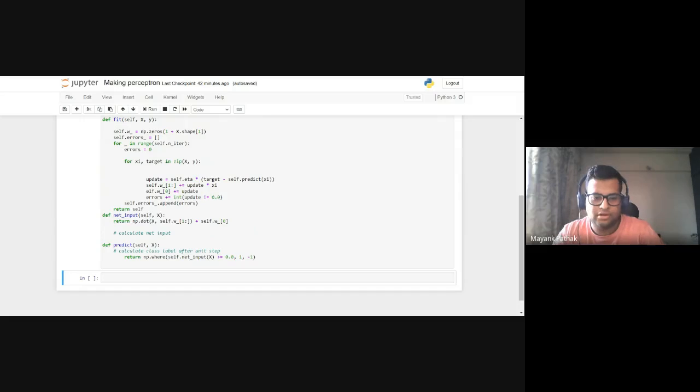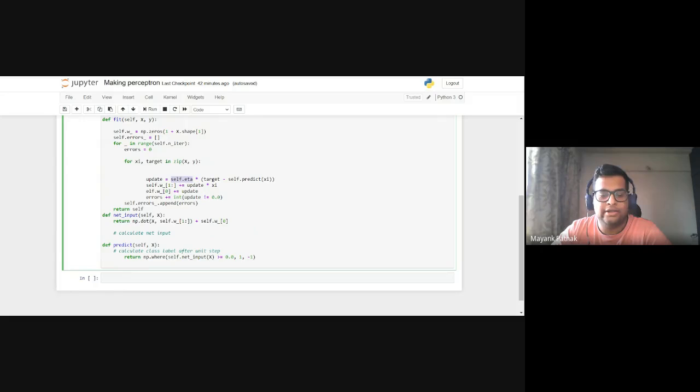For that particular iteration we have taken one input and output, used the zip function to make it into a tuple, and basically multiplied here. This is the basic perceptron learning rule: the learning rate times the target value which we have got minus the predicted value, and we have updated the weights.